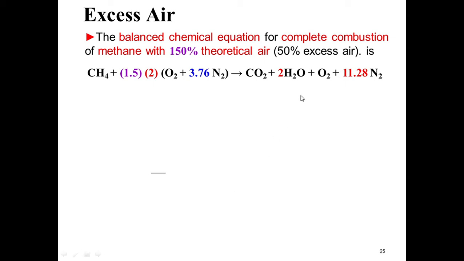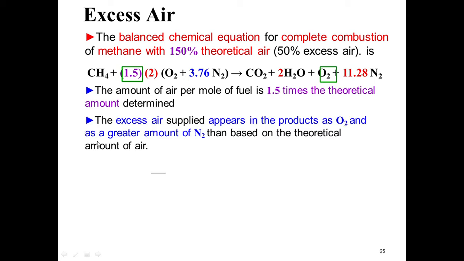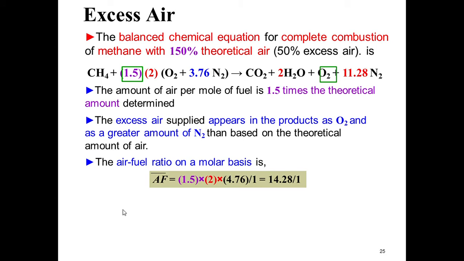Okay, so this is the equation we will have with excess air. 1.5 indicates that the amount of air per mole of fuel is 1.5 times the theoretical amount of air, and O2 will exist in the combustion products. The products also have a greater amount of N2 than based on the theoretical amount of air.